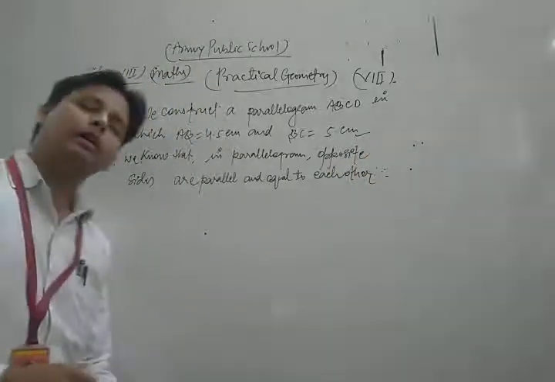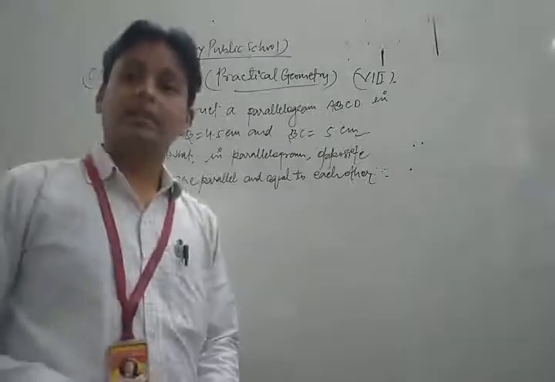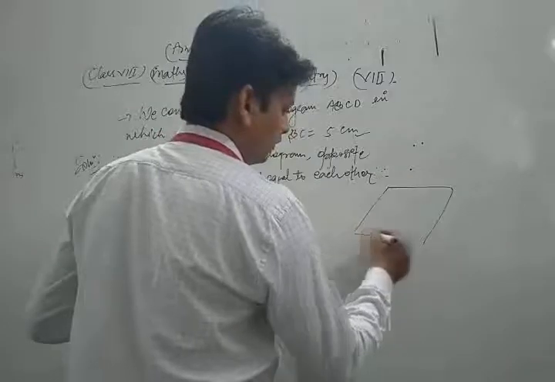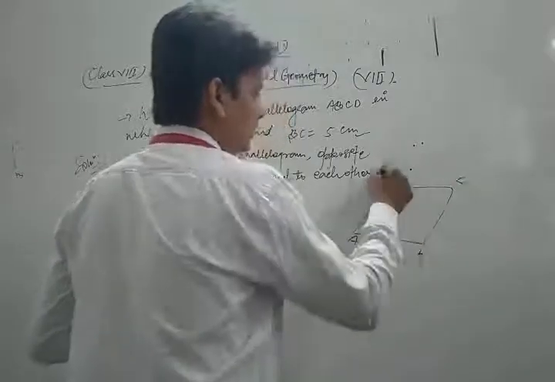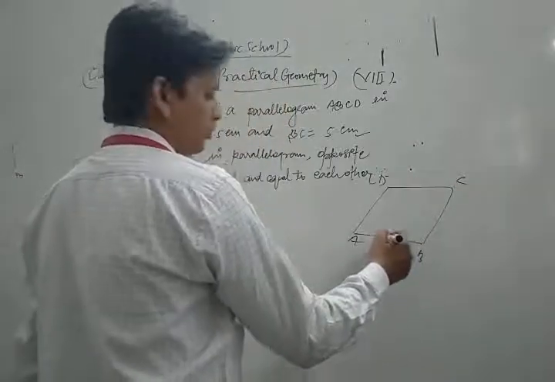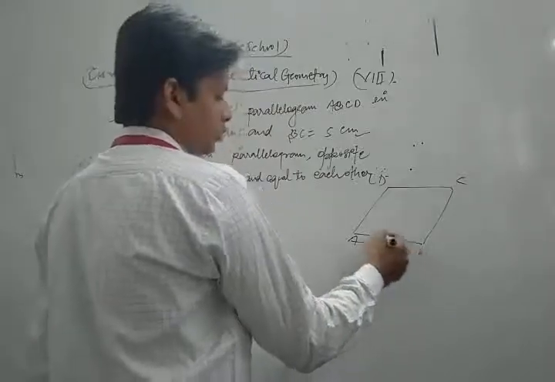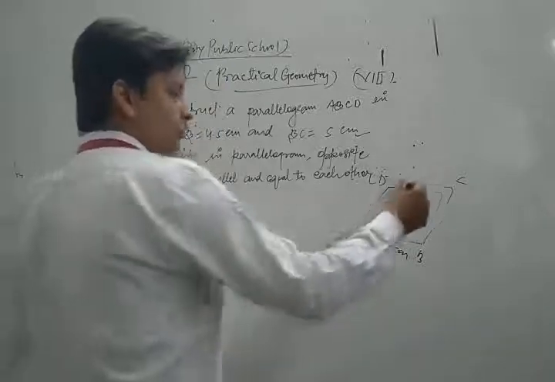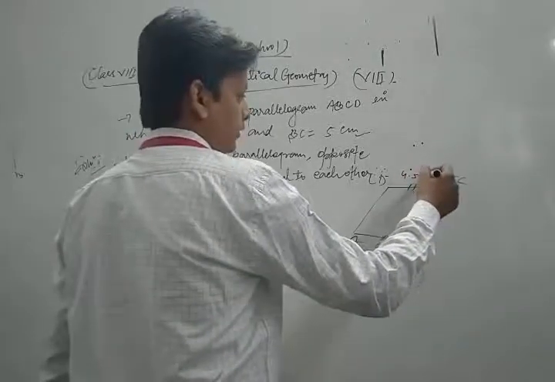Opposite sides are parallel and equal to what? Each other. So in this way, first of all, you draw the rough figure of parallelogram ABCD. Let's see. So AB is equal to 4.5 centimeter. Opposite sides are parallel and equal, so the side CD is also equal to 4.5 centimeter.